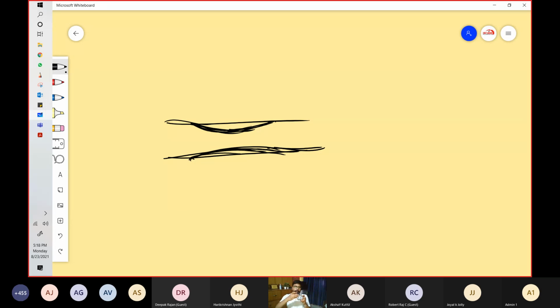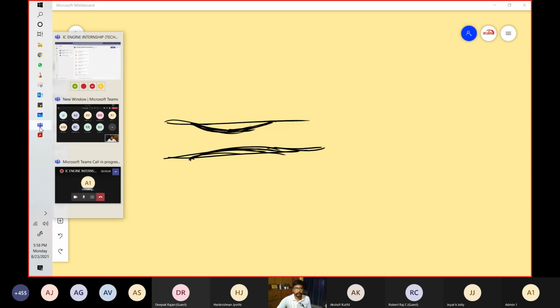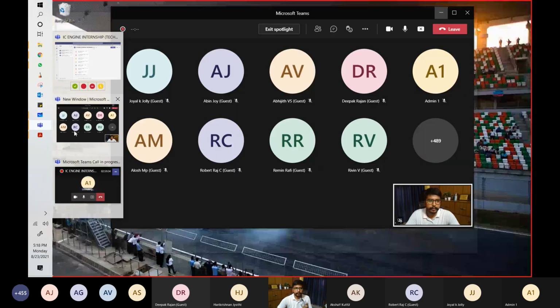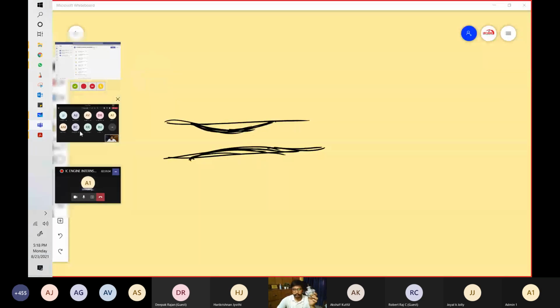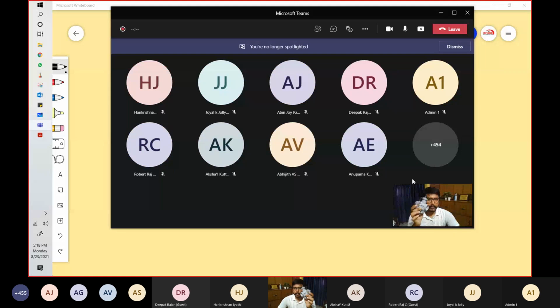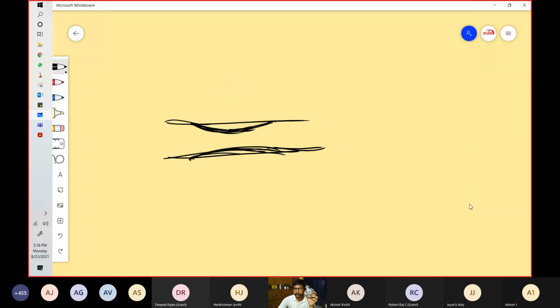I know it won't be easily visible to you in the camera. Okay, this height is sufficient. So there is a spring.